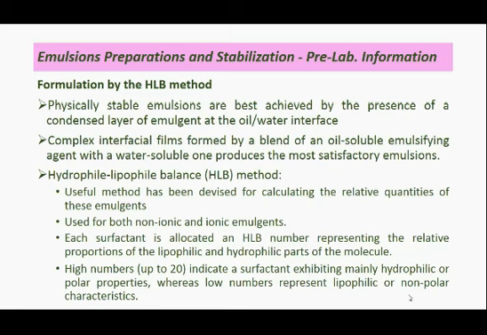Although originally applied to non-ionic surface active agents, its use has been extended to ionic emulsifiers. Each surfactant is allocated an HLB number representing the relative proportions of the lipophilic and hydrophilic parts of the molecule.